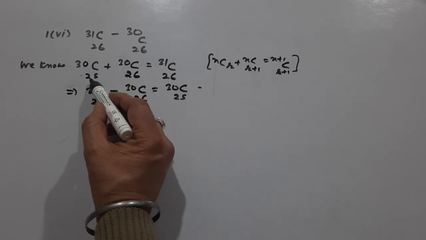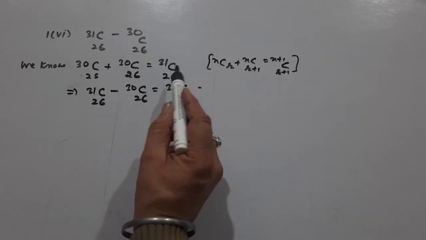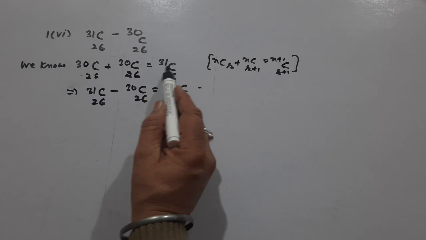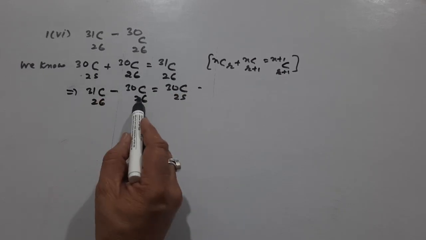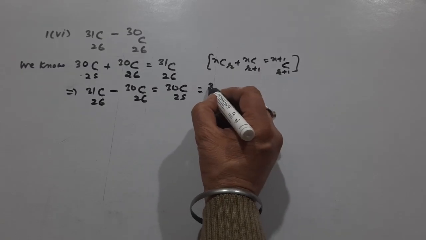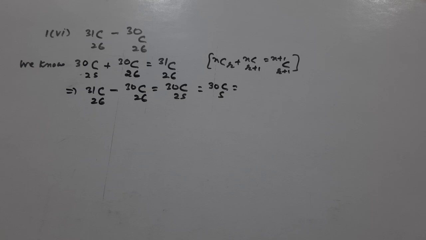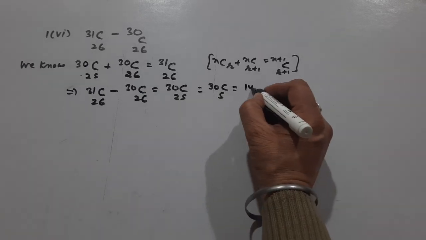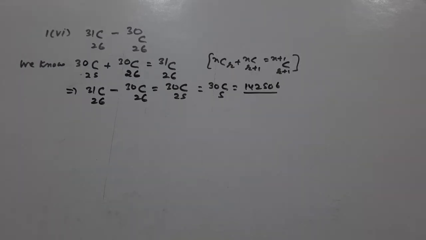Now we will rearrange it and write like this: 31C26 minus 30C26 is equal to 30C25, and 30C25 is equal to 30C5, and the value is 142506. We can solve it by using the formula.